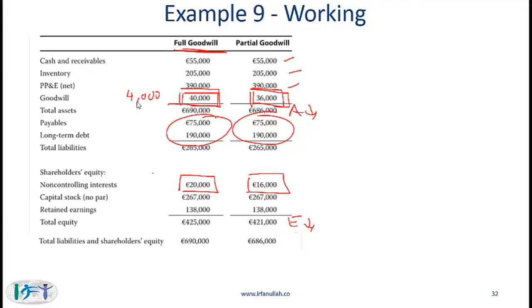Since this 4,000 is shown as part of goodwill, it is also reflected in the non-controlling interest. On the partial goodwill side, we do not have that 4,000 on the asset side, so it doesn't make sense to have that 4,000 on the equity side either. That is why the number is lower by 4,000 and the non-controlling interest is shown under shareholders' equity as 16,000.